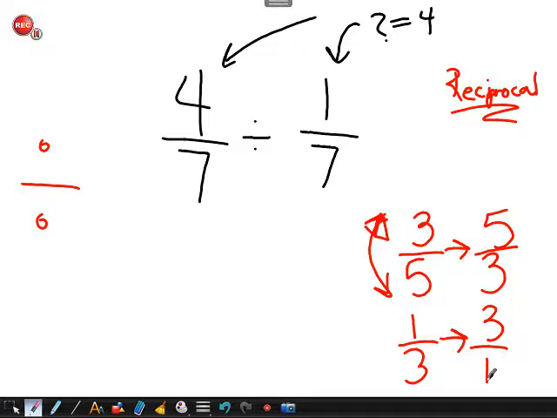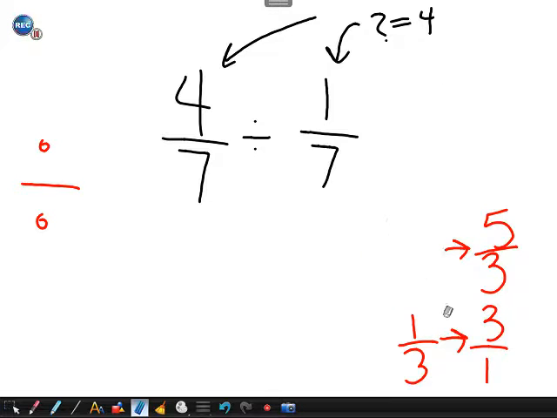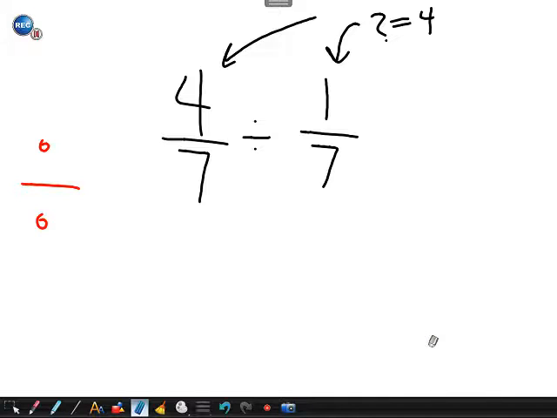And let me explain why you're doing that. We don't actually divide fractions, we multiply them. Okay? But in order to make this a multiplication problem, we have to take the opposite of that 1/7 right there. So in order to get the opposite of 1/7, we take the reciprocal of it.